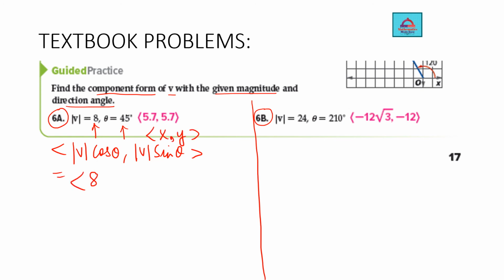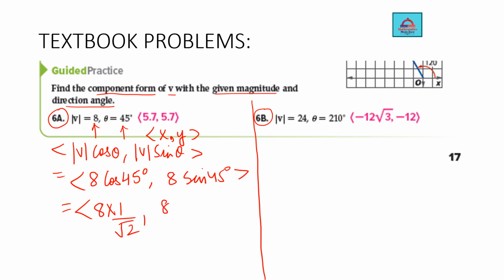So let's plug in the values. Absolute value is 8, the magnitude is given, cos of the angle which is 45, sine of the angle which is 45. Now both of them have the same value, 1 over square root of 2. So you can just plug in, you would see that both components will be the same. So now I want to convert this into decimal form. So let's do that.